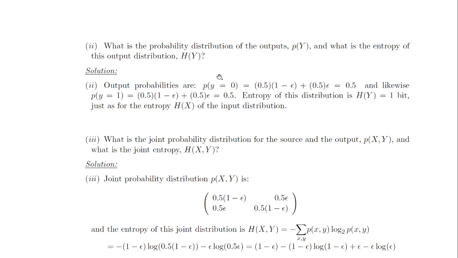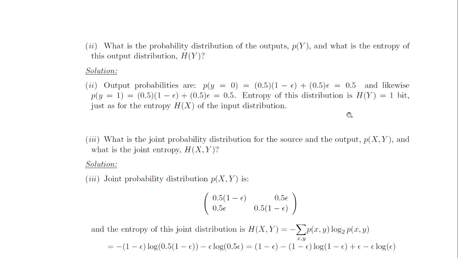You can see why that's true. The probability of getting a 0 at the output is first the probability that 0 appeared at the input and it wasn't flipped, that's this term, or the probability that a 1 appeared at the input but it was flipped, that's this term. Add those together, you get 0.5, and likewise for the probability of getting a 1 at the output, it's 0.5.